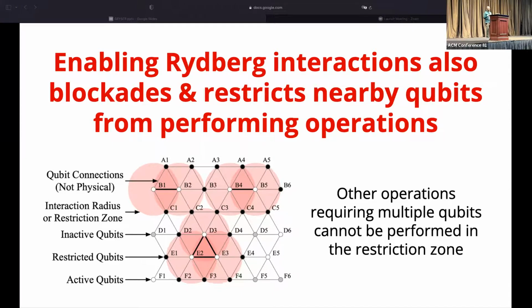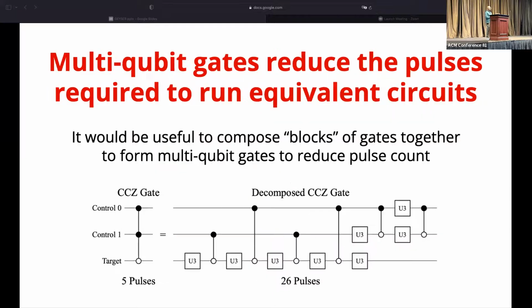So the goal is to compile in a way where we can run these operations as much as possible in parallel, and also be able to run multi-qubit gates, as we'll see next. Here's an example of running a multi-qubit gate. We see the CCZ gate on the left, and on the right is the decomposed version of the CCZ gate.